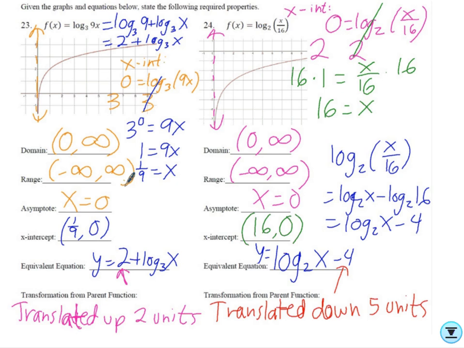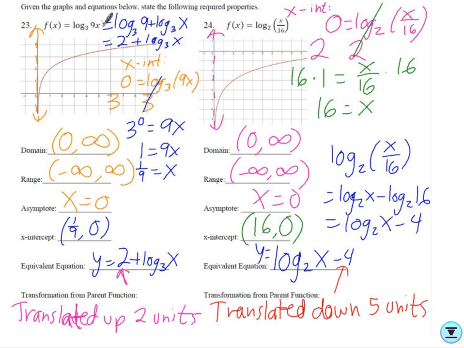All right, then the x-intercept here, we have 1/9, 0. Now, how did I get that? The x-intercept is always written a number, comma, 0. The x-intercept is the place where the graph hits the x-axis, which means the y value there must be 0. So what I did is I took, and you can use the equivalent equation or you can use the original equation, it's fine either way.